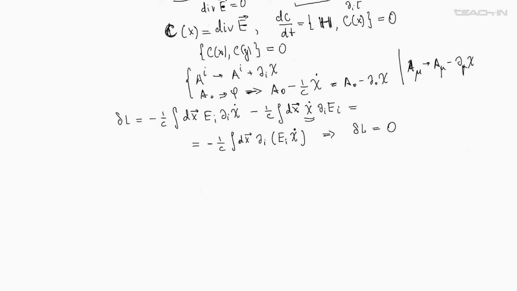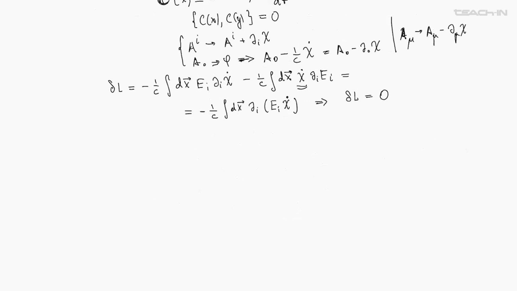If you would like to write down equations of motion for the gauge potential itself, not for the electric and magnetic fields, then the use of the Hamiltonian is not enough. To get the correct equations, you also need to take into account the term with the Lagrange multiplier.